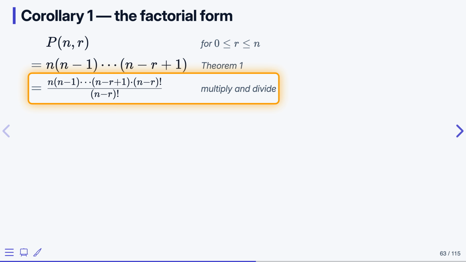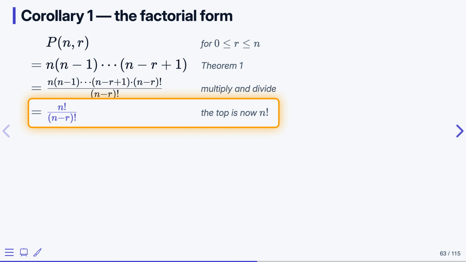Multiply the top and the bottom by (n minus r) factorial. That changes nothing because we divided by the same thing we multiplied. Line 4. Look at the top. The factors run all the way from n down to 1. That is n factorial. So P(n, r) equals n factorial over (n minus r) factorial.